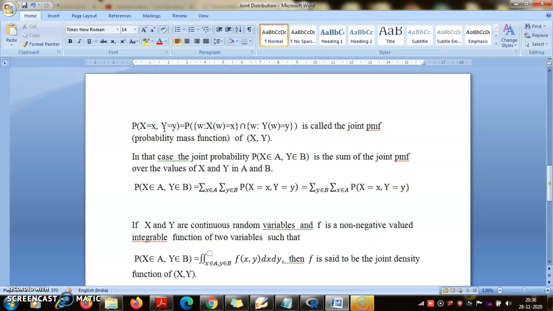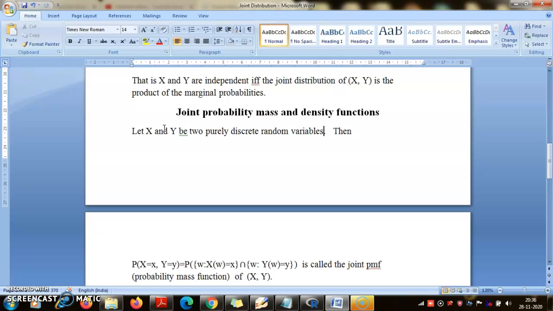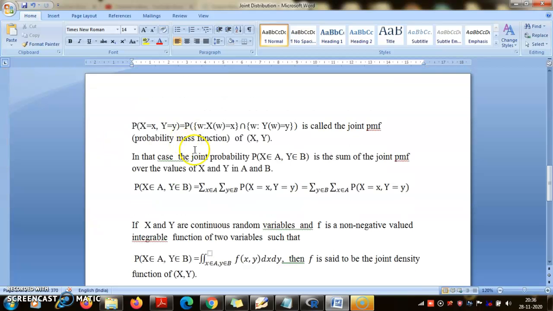Now in case this happens, that means when both X and Y are discrete, you can compute these joint probabilities as the sum of the individual probabilities, or the sum of the joint probability mass function. This is also similar to the univariate case.